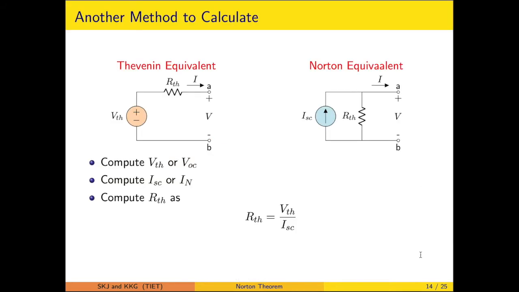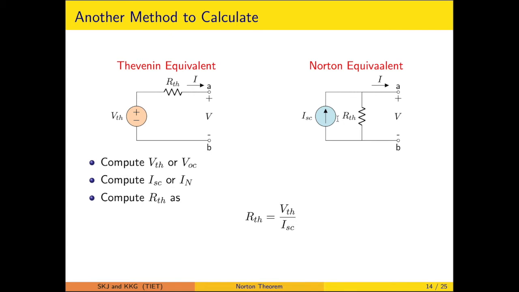Now if we are looking at the Thevenin equivalent and the Norton equivalent simultaneously, recollect that this particular is an equivalent of the practical voltage source, whereas the Norton equivalent is the equivalent of a practical current source. So analogously, we have transformed the voltage source to the current source, or the current source can be transformed to the voltage source.